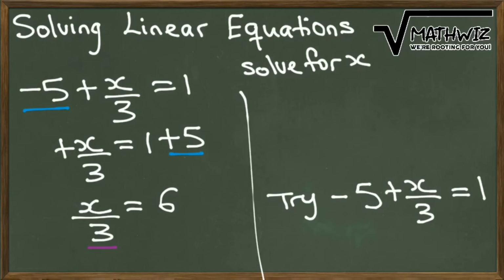And then we have the 3 which is divided. When we take it across, we are going to multiply. And 6 times 3 is going to give us 18.